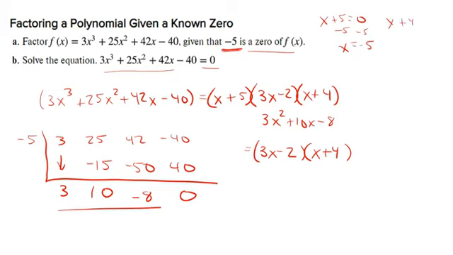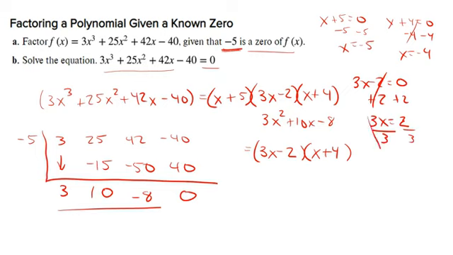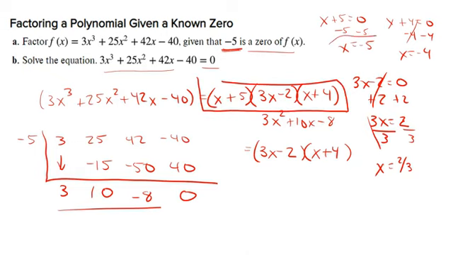X plus 4 equals 0, means x equals negative 4. 3x minus 2 equals 0, means x equals 2/3. And so now we have the factored form of the function and each one of the zeros.